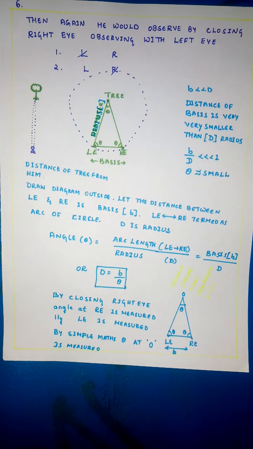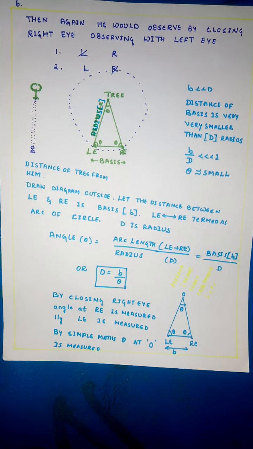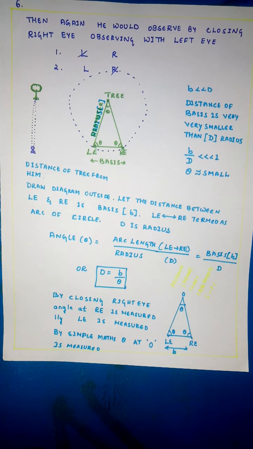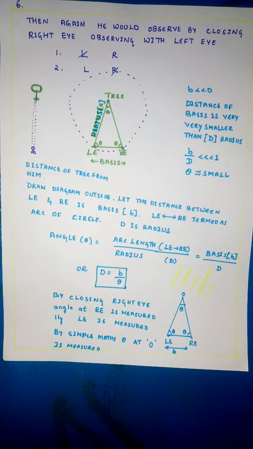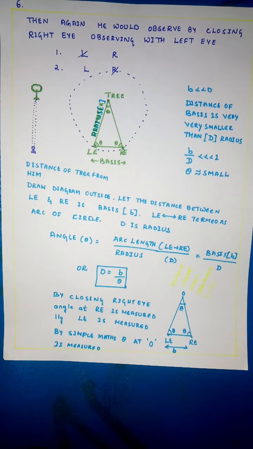Here D is the radius from the tree to the eye. So the angle theta is equal to arc length by radius. Here the arc length is the distance between the left eye and right eye, the basis B, and the radius is D.